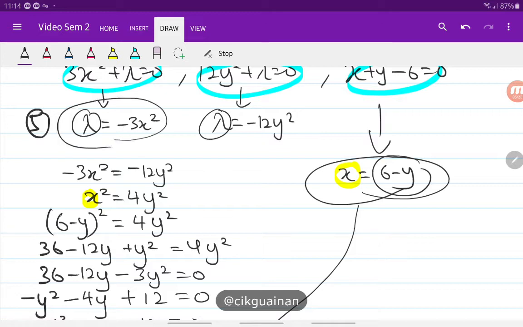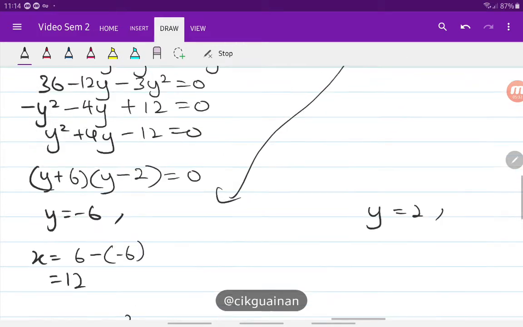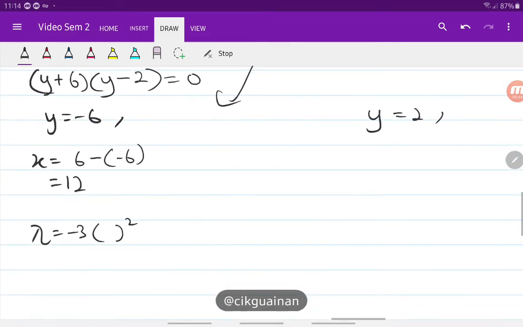Take this smaller one: lambda is minus 3x squared. What is x? X is 12, so 144 times minus 3 gives minus 432. So the first stationary point is (12, minus 6, minus 432).